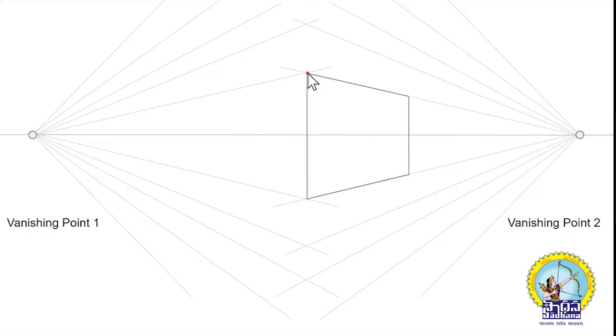Now I draw a straight line joining this point to this point. First let's look at this vanishing point. You draw a straight line joining this dot to this dot, and because this is the height of the building, it will always be straight. Now this is going to be the depth because it's going deeper.